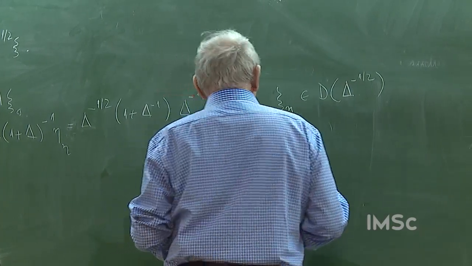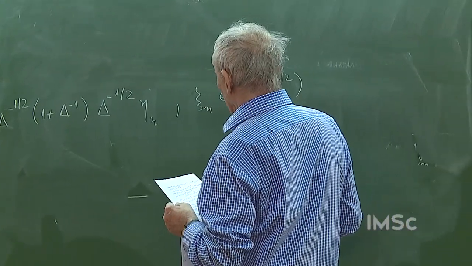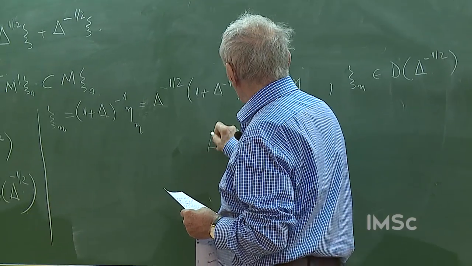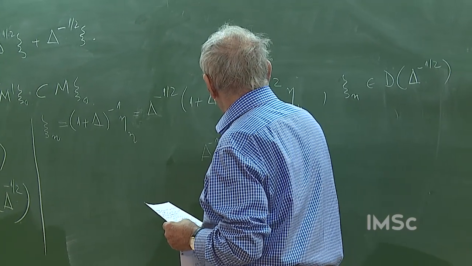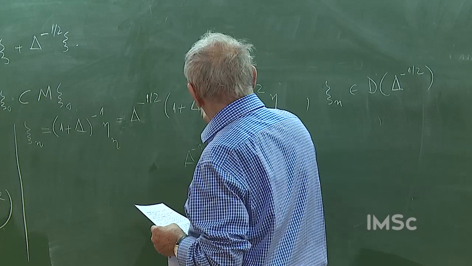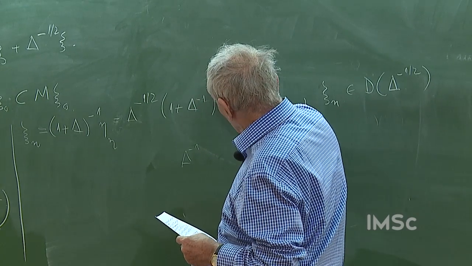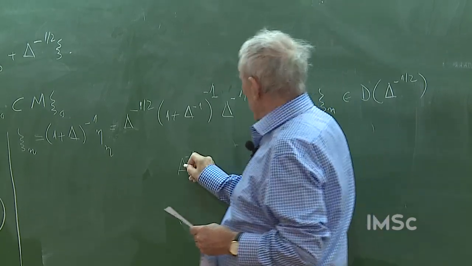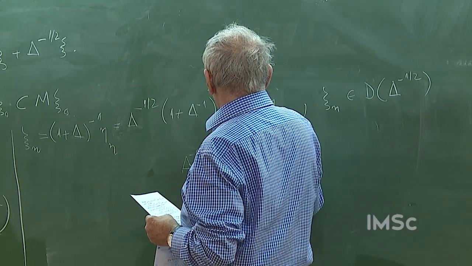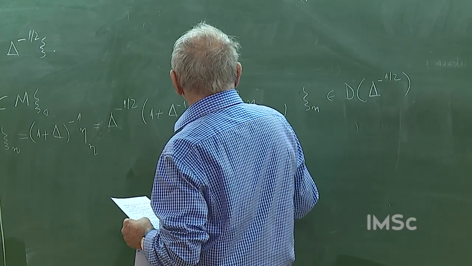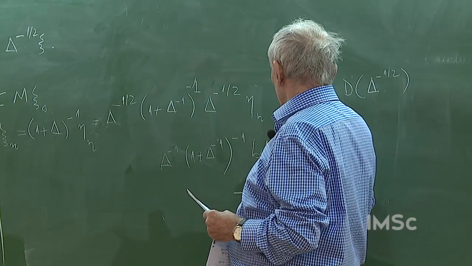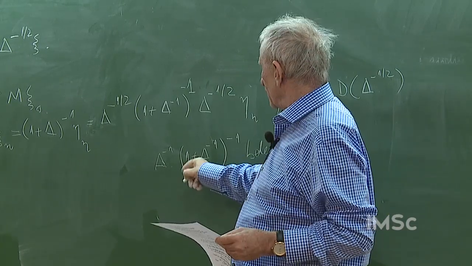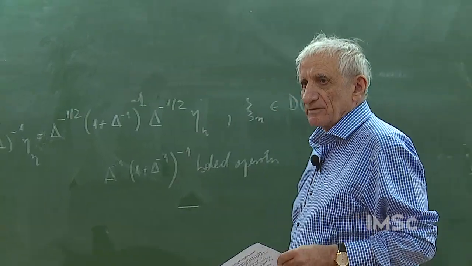This one belongs to the domain of minus 1/2, since the operator delta minus 1 times, I'm sorry, here is minus 1, please correct. So the operator delta minus 1, 1 plus delta minus 1 to minus 1 is a bounded operator, because the function t over 1 plus t is bounded.